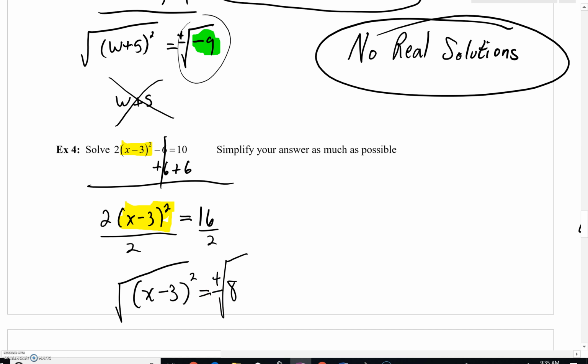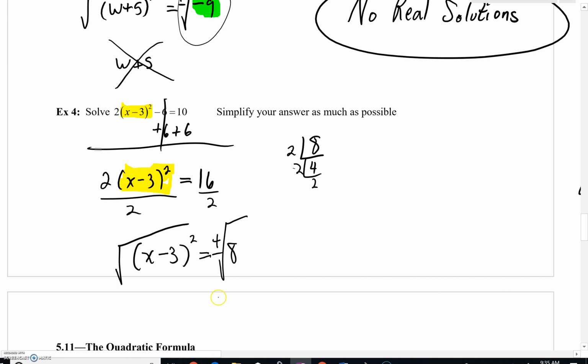Here we will get an answer. Radical 8 can, in fact, be simplified. So if we did a quick division tree, we could say 8 divided by 2 is 4, divide by 2 again. We could see very quickly that this radical 8 is really 2 times 2 times 2. We'd have a plus minus out in front here.